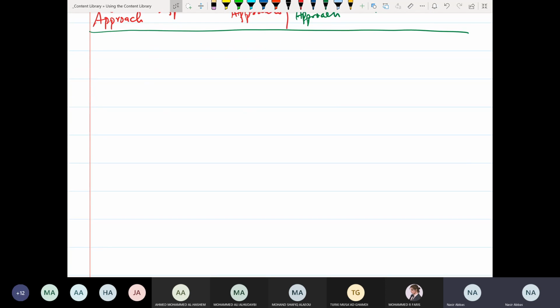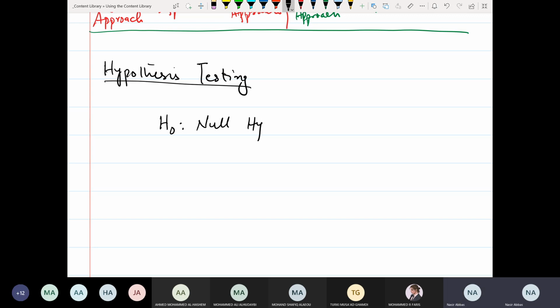When you talk about hypothesis testing, we have noticed we always have a null hypothesis denoted by H naught, and we have an alternative hypothesis.